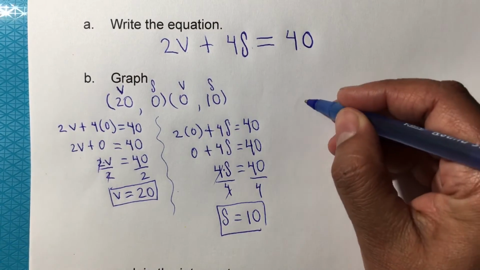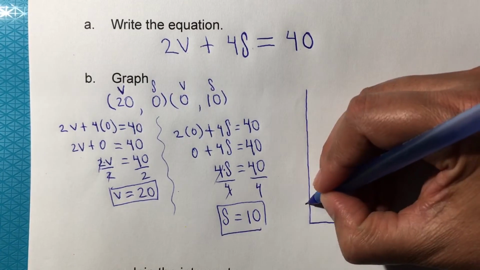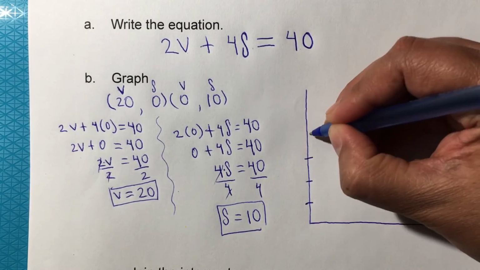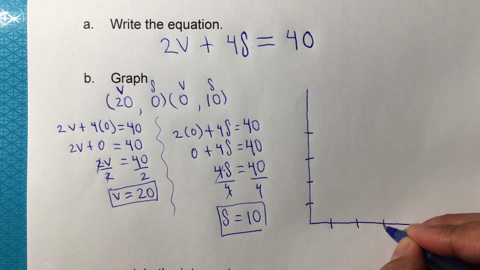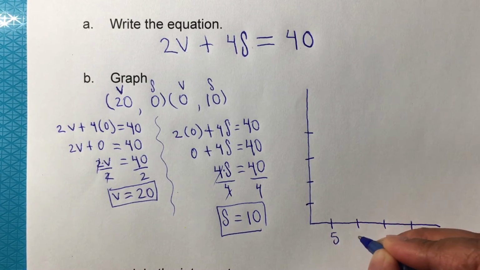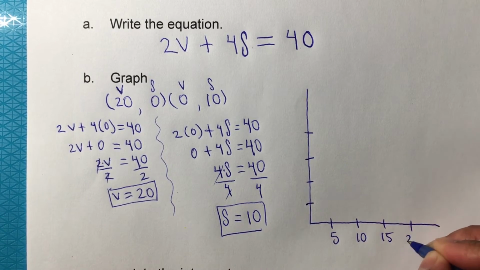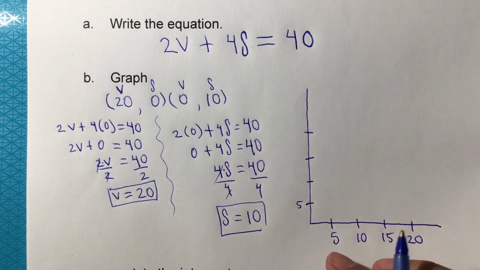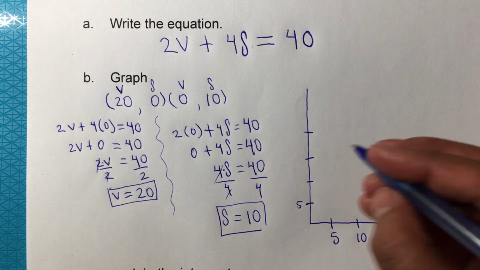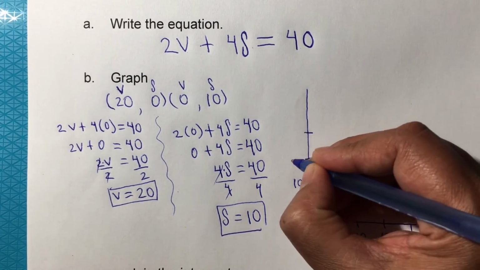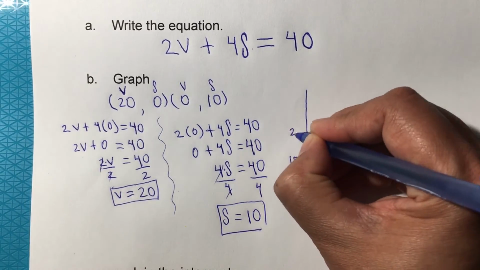And now we're ready to graph. I'll just do it by 5 so that it's a little bit more spread. So 5, 10, 15, 20. Even though I could just do 10, 20, and then 10. But that's okay. 5, 10, 15, 20.